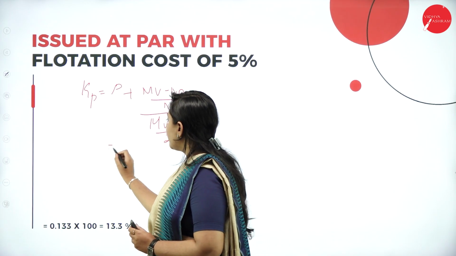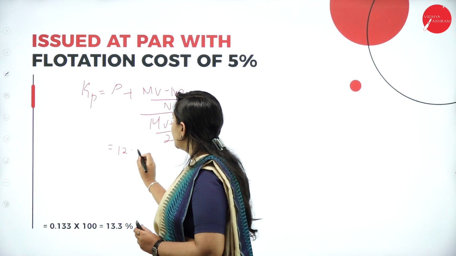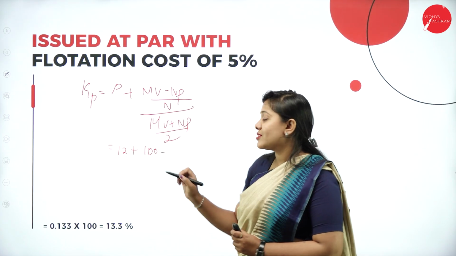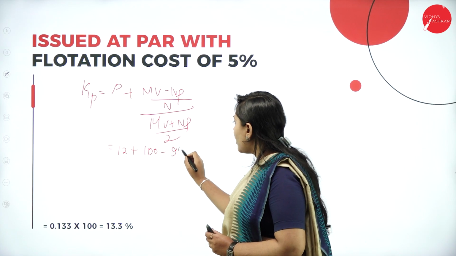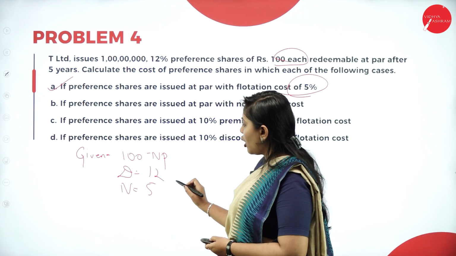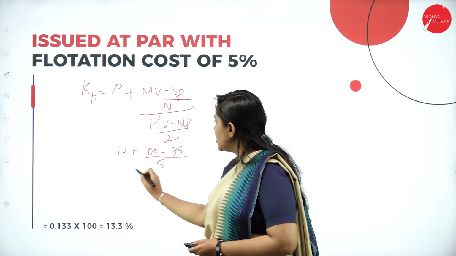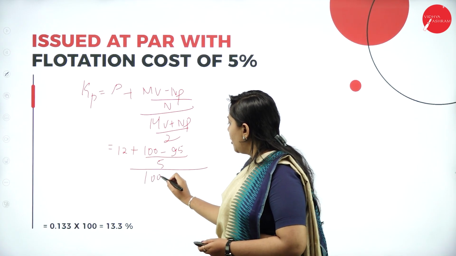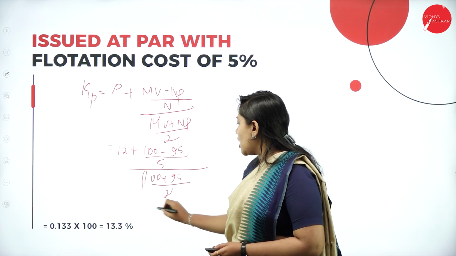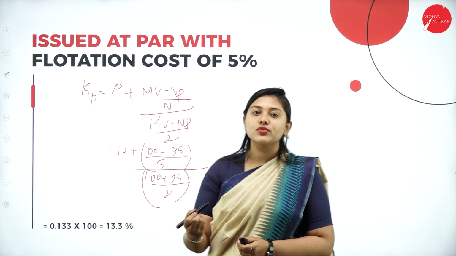So preferential dividend 12 rupees plus maturity value 100 minus net proceeds 95 rupees divided by number of years, 5 years, divided by 100 plus 95 divided by 2. So this is how we have to solve the problem.